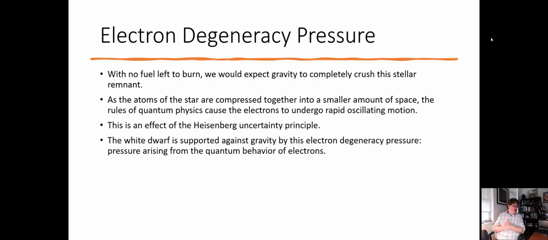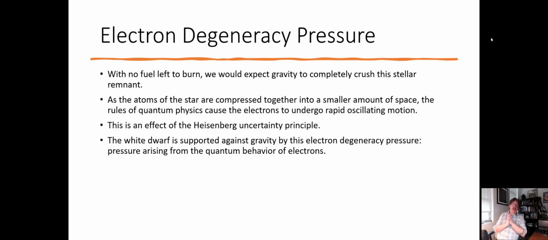Now, why are white dwarfs stable? They don't burn nuclear fuel, so is the radiation pressure due to that leftover energy strong enough to prevent this thing from collapsing any further?